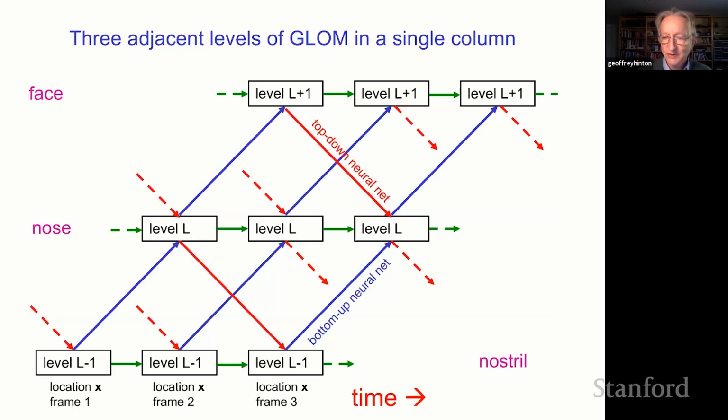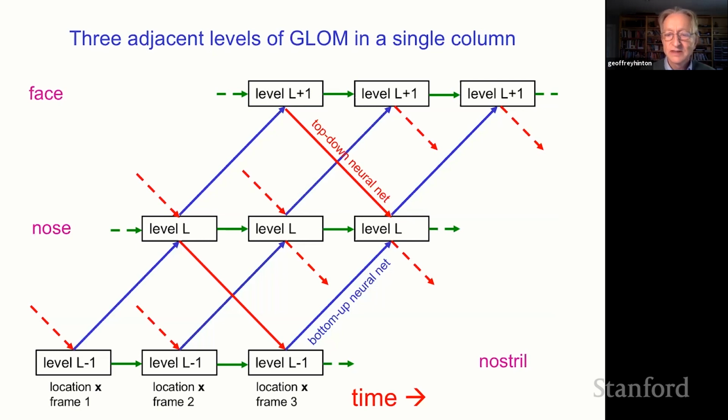Maybe not perfectly, but you have a pretty good idea of the orientation, position, and scale of the nose. So that bottom-up neural net is a net that can take any kind of part at level L minus 1. It can take a nostril, but it could also take a steering wheel and predict the car from the steering wheel, and predict what you've got at the next level up.